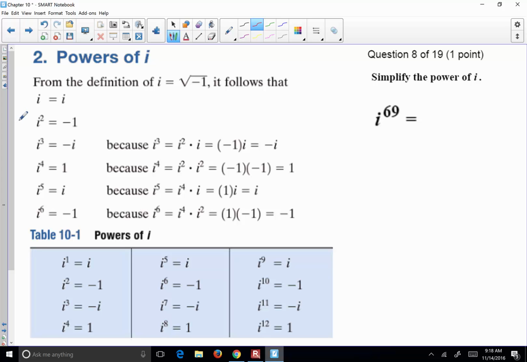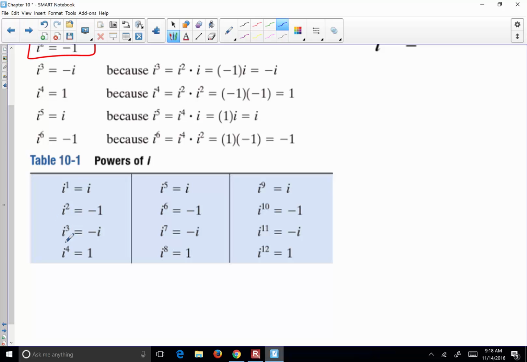And then we took a look at what happens to other powers of i. We already know these two: i, and i squared is minus 1. These are already given to us in the definition. But what happens if we have the third, fourth, fifth, or 100th power, like i to the 69? We checked with the help of this table that they keep getting the same values over and over every 4 terms.